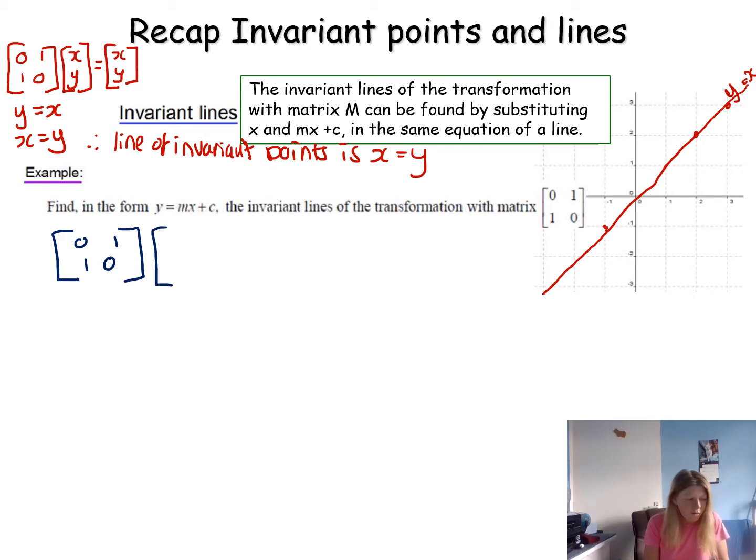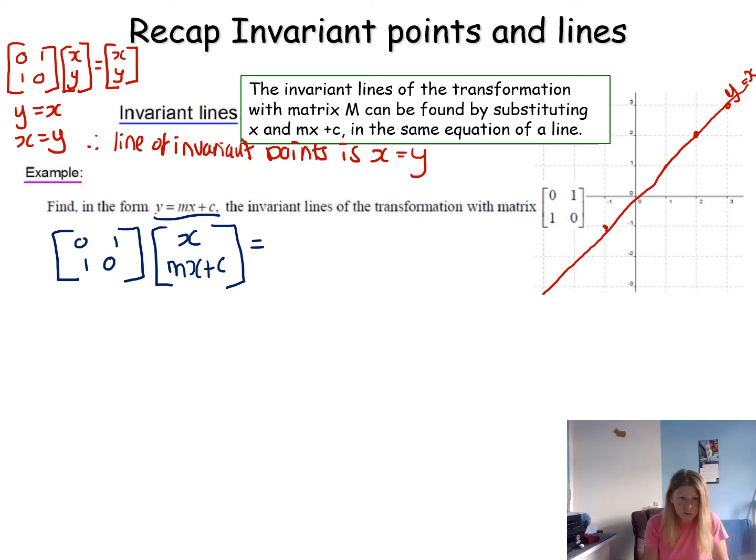So here we're going to call x is x, and therefore y, looking at this here, y is mx plus c. So rather than writing y, I'm writing mx plus c. And we need this to map onto the same line. So let's have a look what happens. Let's multiply it out now.